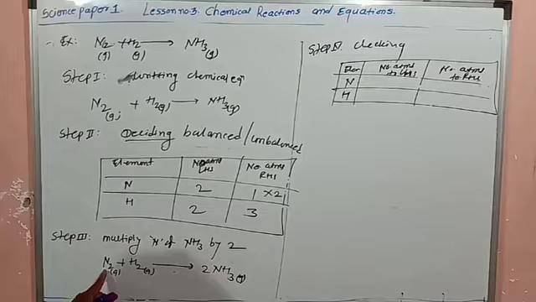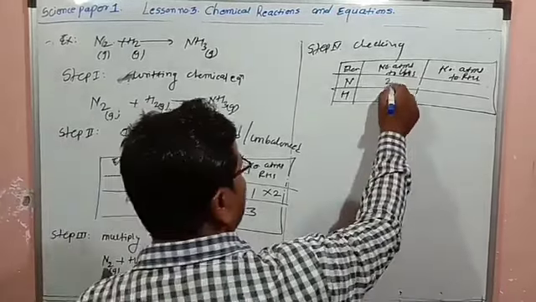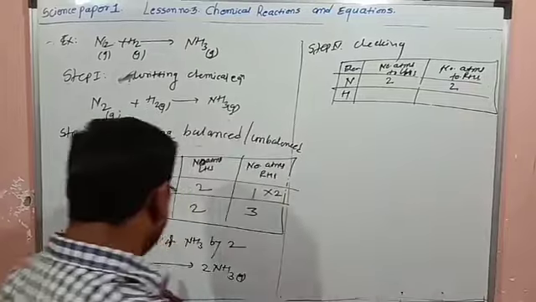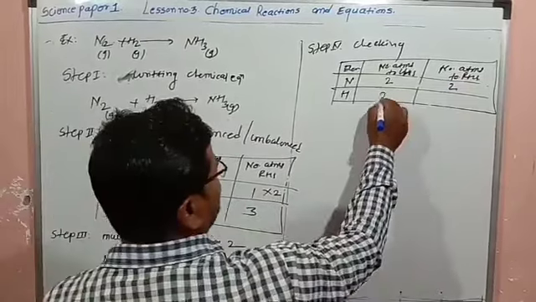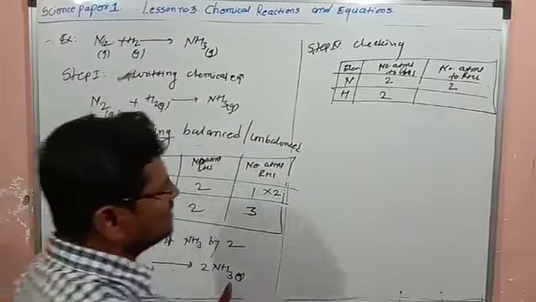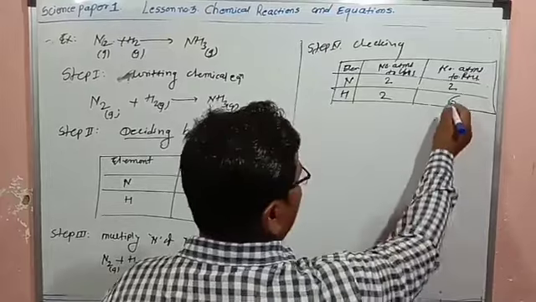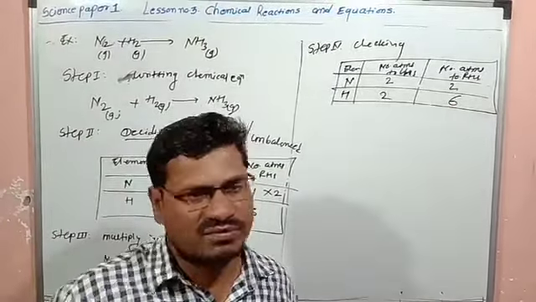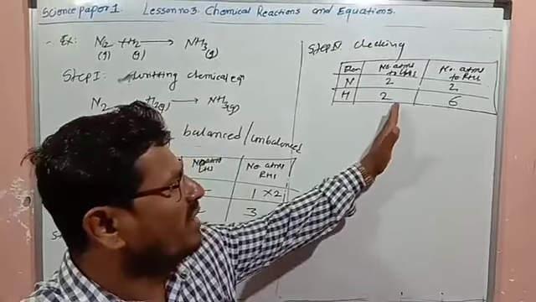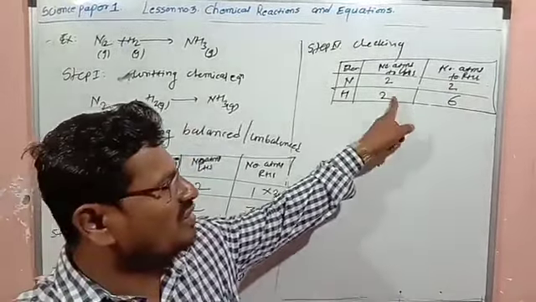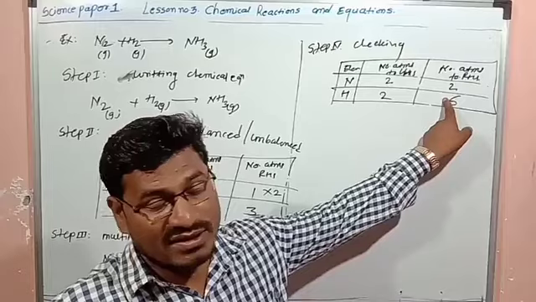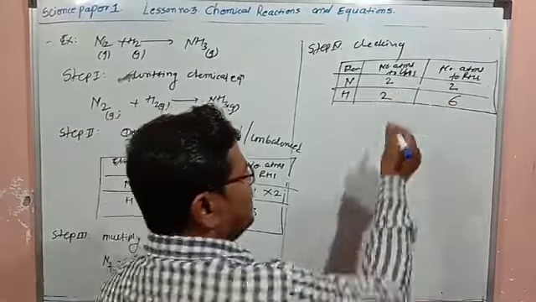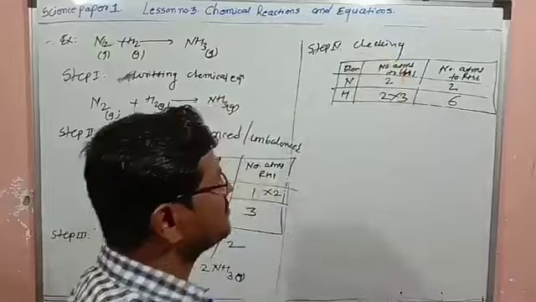In this chemical equation, nitrogen 2 on this side, nitrogen 2 on this side; hydrogen 2 on this side, and on the other side 2 threes are 6. So one thing you can do here: it is easy to balance hydrogen now. Hydrogen on this side 2 are there, on that side 6 are there. So you can make 6 here by multiplying by 3.